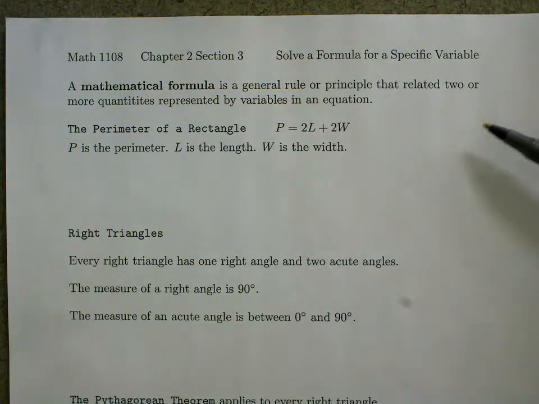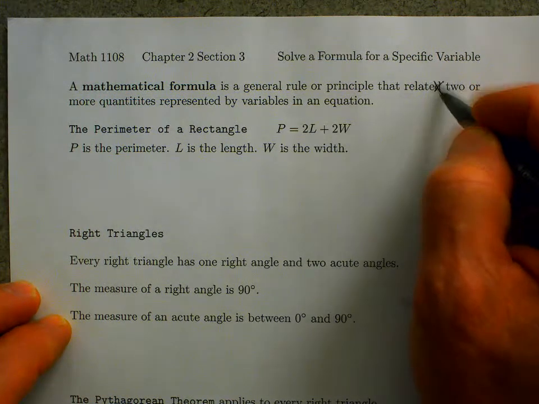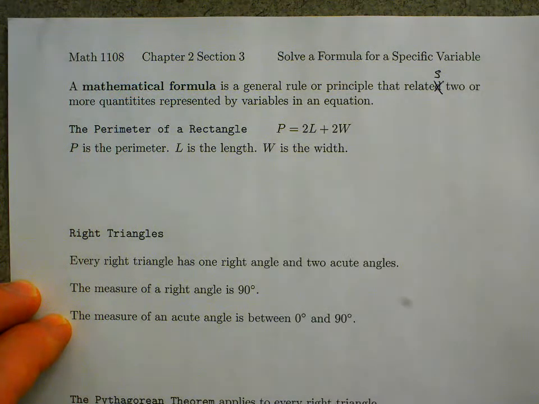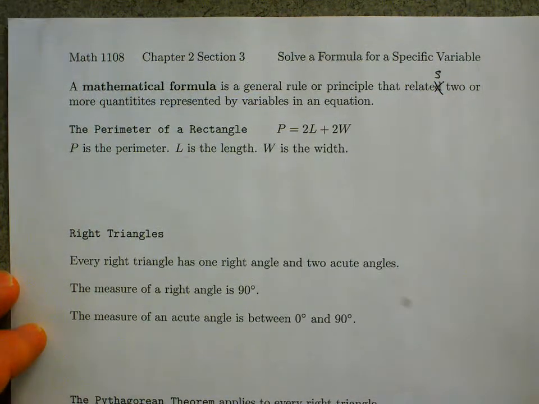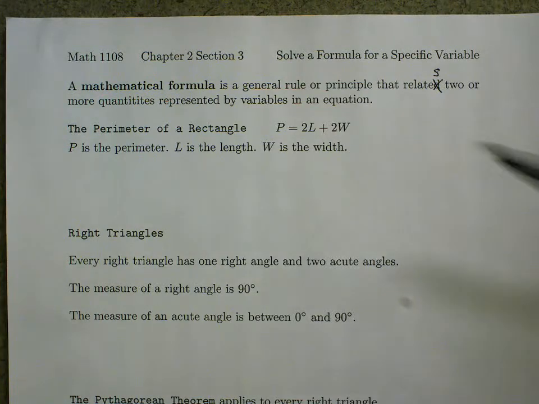First, the definition of a mathematical formula. A mathematical formula is a general rule or principle that relates, so here's a typo already, that relates two or more quantities represented by variables in an equation.